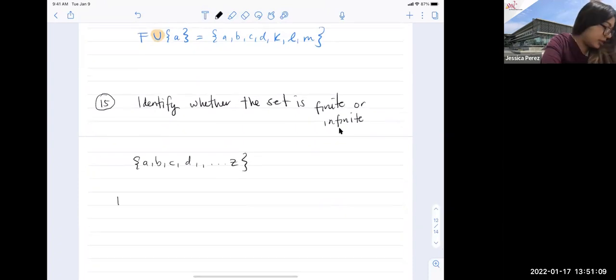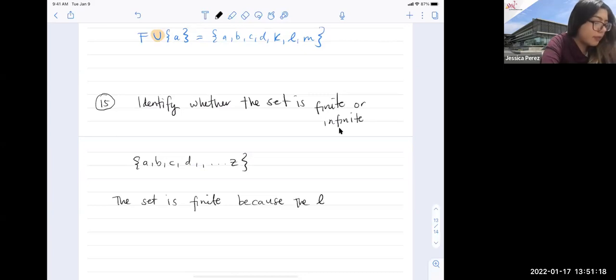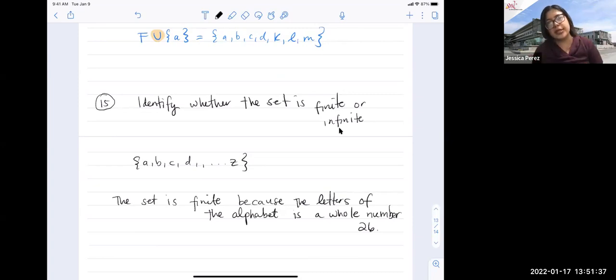Well, the set is finite because the letters of the alphabet is a whole number, which is 26. It's finite, it terminates, that's it. There's nothing more there. So that would be your solution.